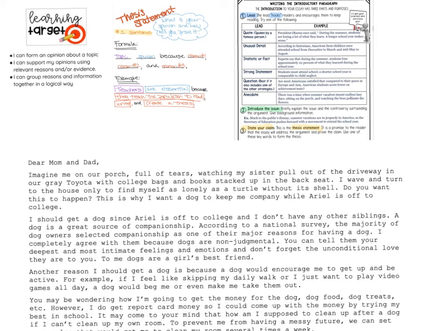So we already knew that this last sentence right here, "This is why I want a dog to keep me company while Ariel is off to college," is their thesis statement. Then, looking at the lead, usually the lead or the hook is the first sentence, but not always. In this situation, it is.